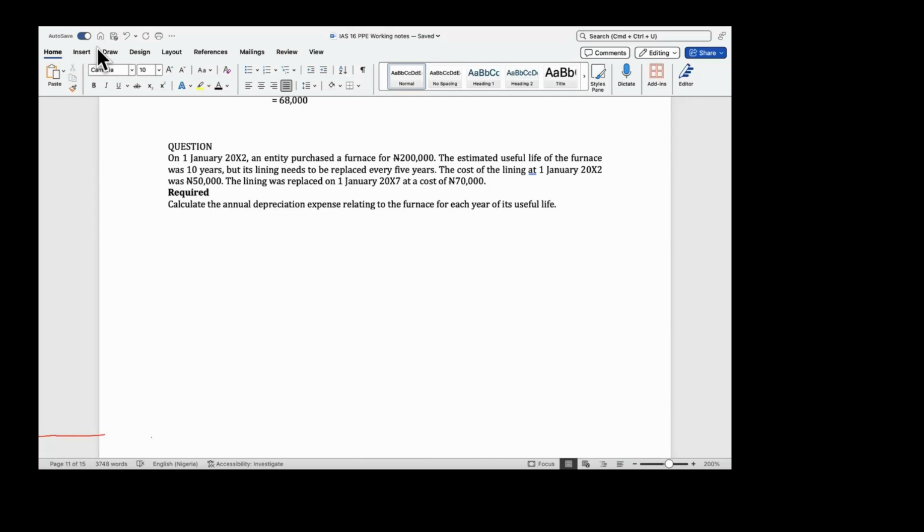The lining was replaced on 1st of January 2007 at a cost of 70,000 naira. You are required to calculate the annual depreciation expense relating to the furnace for each year of the useful life. That's the question.